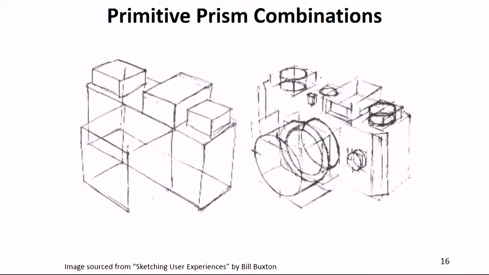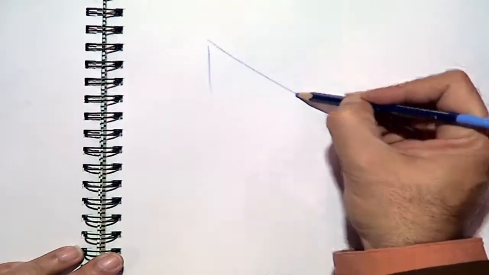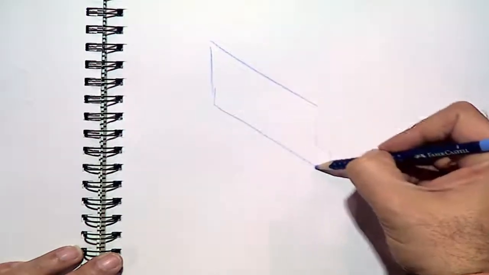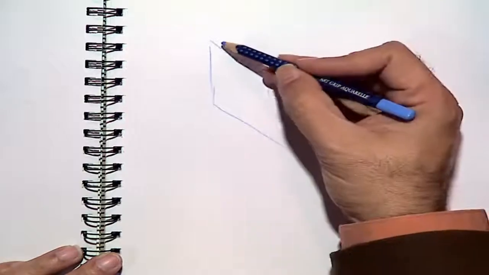Let's try this practice with a camera, for instance. If I try to illustrate this, you may want to think of it as simply a big rectangular parallelepiped. So the big one is here. That's a big chunk.